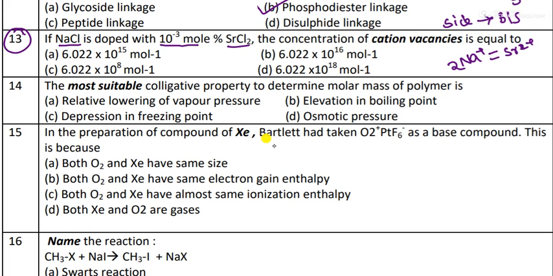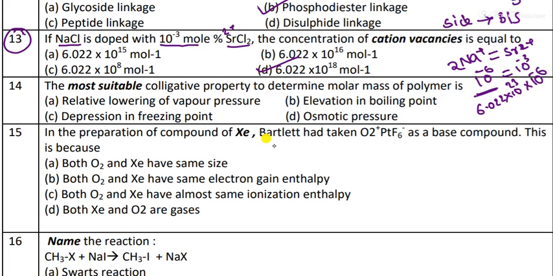Look at question number 13, a very good question. NaCl is doped with 10 to the power of minus 3 moles of strontium chloride. There is no need to do a lot of work here. Two sodium ions are replaced by one strontium ion, because of the charge: strontium is plus 2, sodium is plus 1.